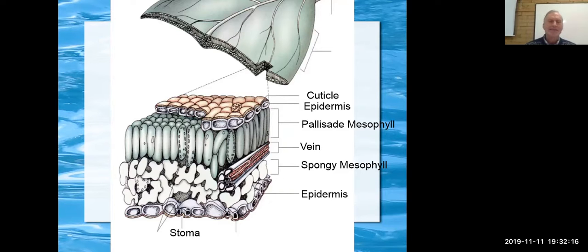And that is the molecule that captures sunlight and turns it into energy that the plant can use to make sugars and other things. So chlorophyll is like the powerhouse of the plant. That's what allows it to do photosynthesis.